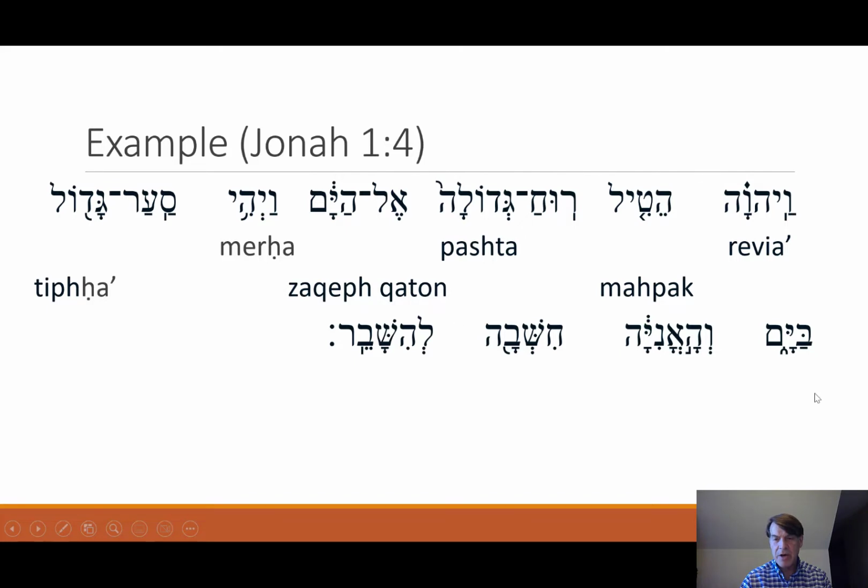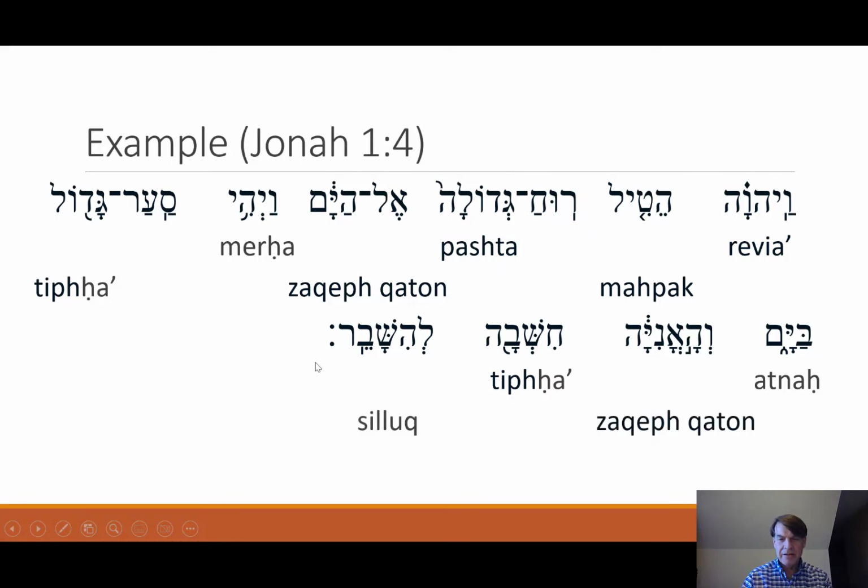There's the atnak. So now we are, as far as the meaning of the verse, halfway through the verse. There's another zakef katon, because now we're halfway from the atnak to the end. It's all very rough, right? There's another tifka, and then finally a saluk in the last syllable, and there's a sof pasuk here at the end.